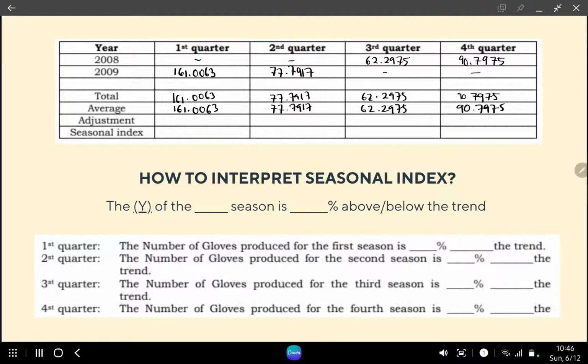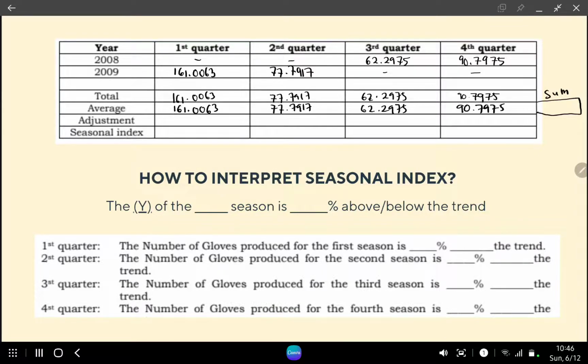Okay, so we need to sum up the averages. We add the 4 averages to know whether the sum equals 400 or not, because 400 is our required total. Because we have 4 quarters, our required total is 400. If the sum of the averages is not equal to 400, we need to do some adjustment.